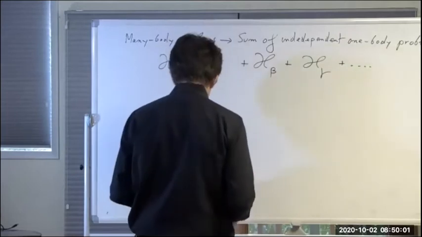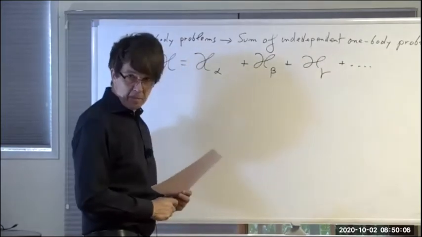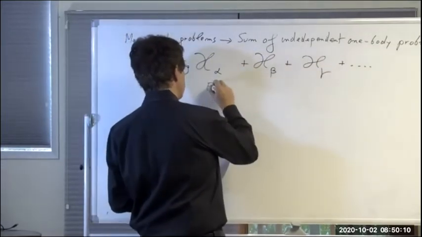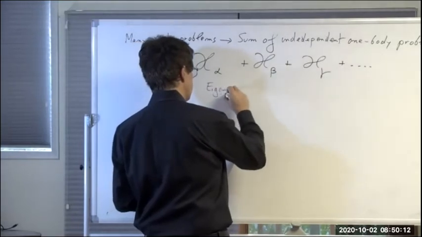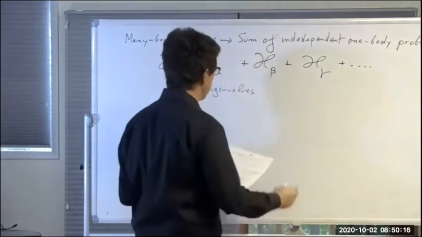So let's say that I can solve each independent system, each one body problem. So the eigenvalues and eigenstates for each one body problem are known.